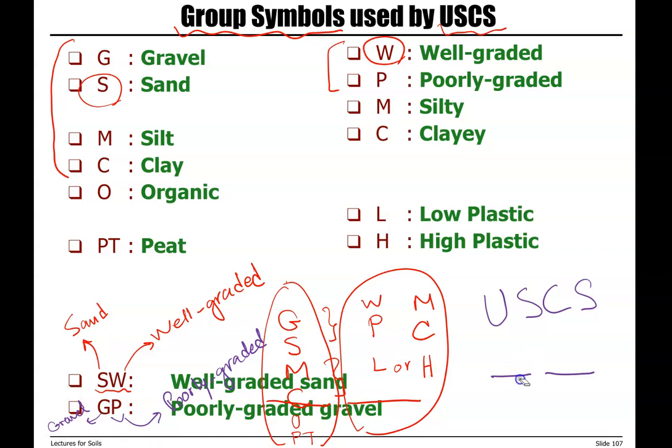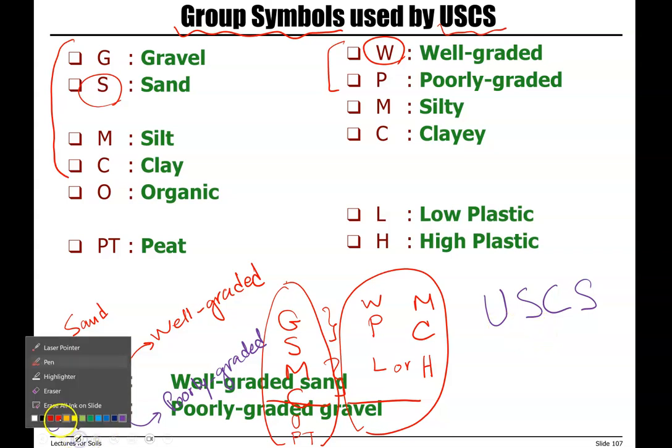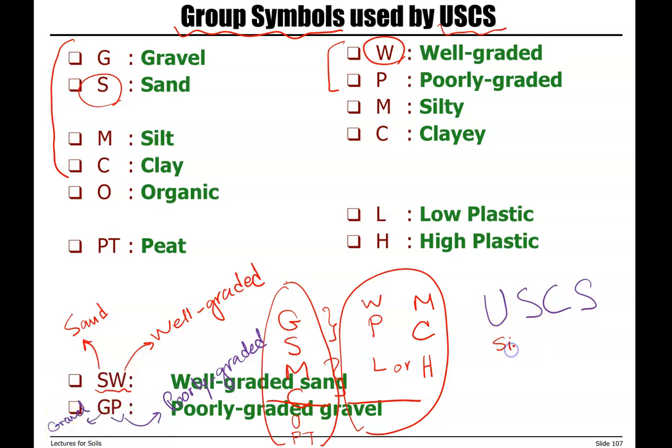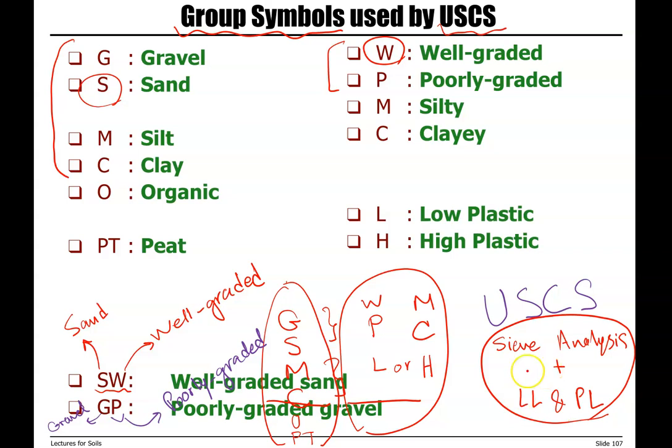In order to do that for USCS, we need results from sieve analysis and liquid limit and plastic limit. So we use the sieve analysis and the liquid limit and plastic limit results to come up with a symbol for a soil sample.